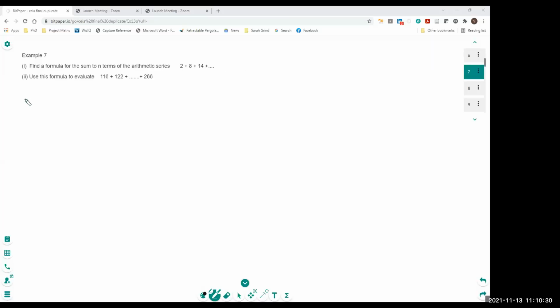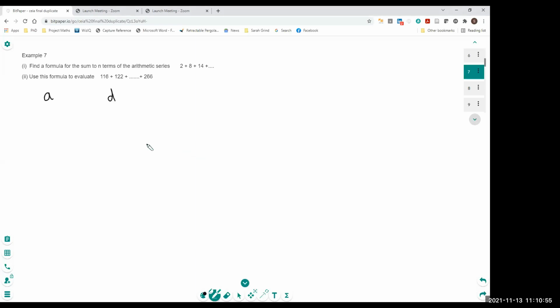So example 7, find a formula for the sum to n terms of the arithmetic sequence. In other words, instead of us using the sum formula, they're asking us to find it. So our arithmetic sequence is 2 plus 8 plus 14. So first things we usually need to find are a and d.